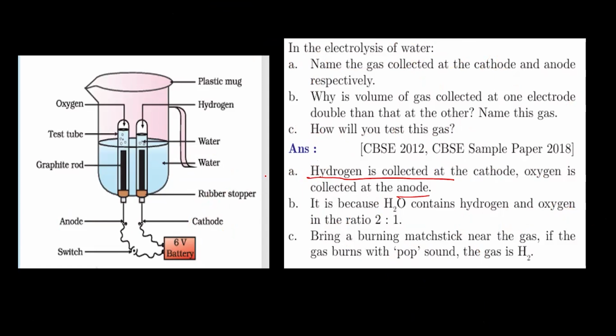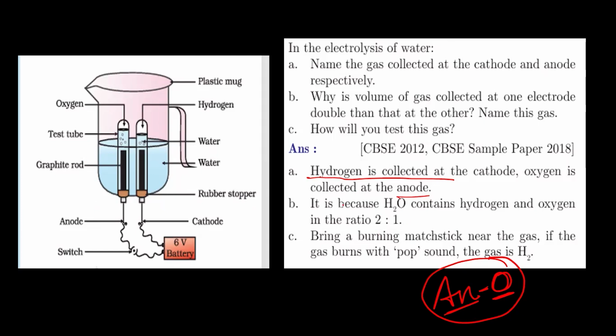I will give you a clue so you always remember. In anode, which gas? Oxygen gas. So automatically in cathode, which gas? Hydrogen gas. Take the word anode and understand that at the anode, oxygen.